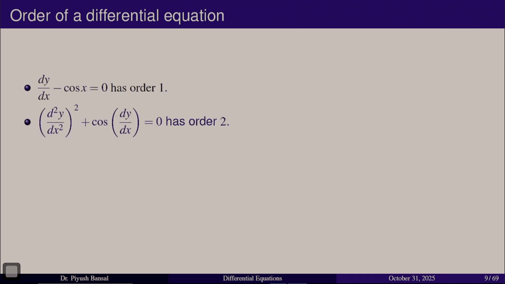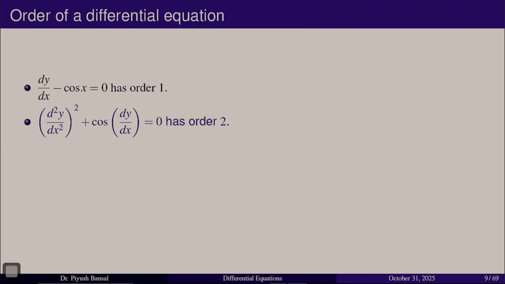As for the second example, (d2y over dx square) whole square plus cos of dy by dx equals 0. If we look carefully, this is again a differential equation as it involves the derivatives and the function y and x. Here dy by dx is the first order derivative, d2y over dx square is the second order derivative.